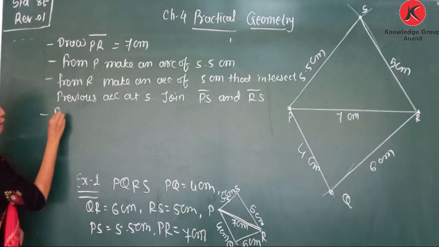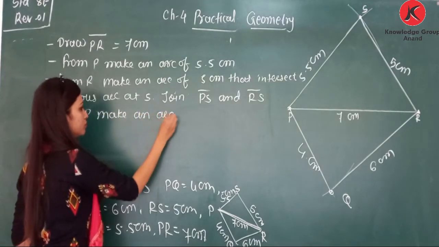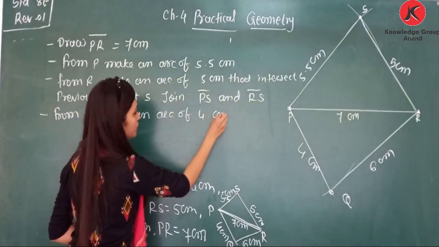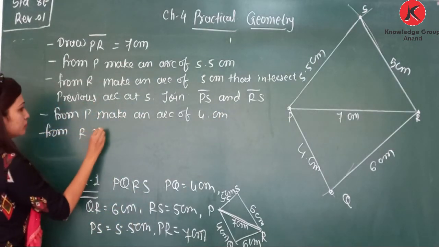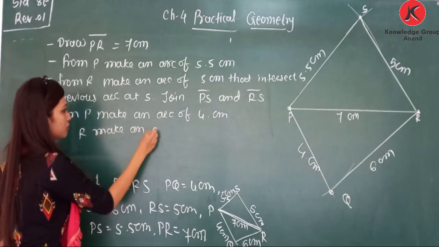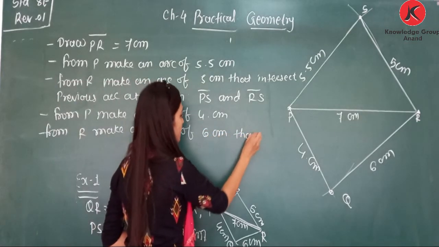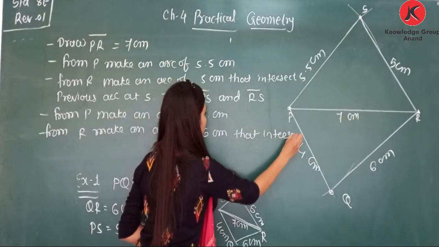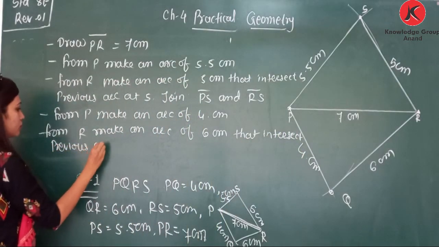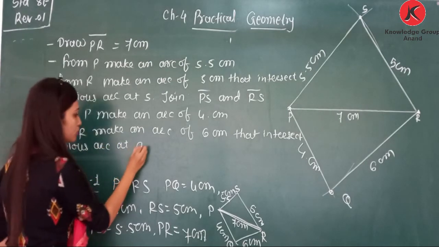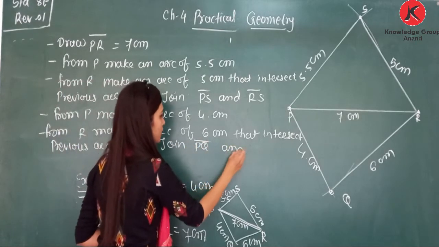Now next is from P, make an arc of 4 centimeter. From R, make an arc of 6 centimeter that intersect previous arc at Q, join PQ and RQ.